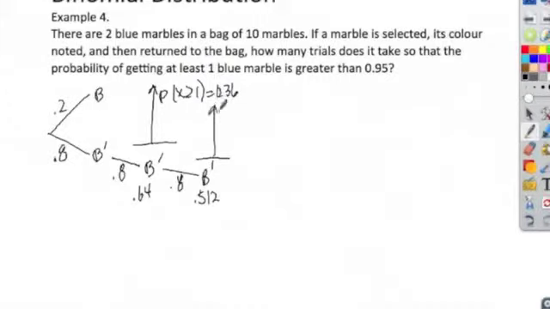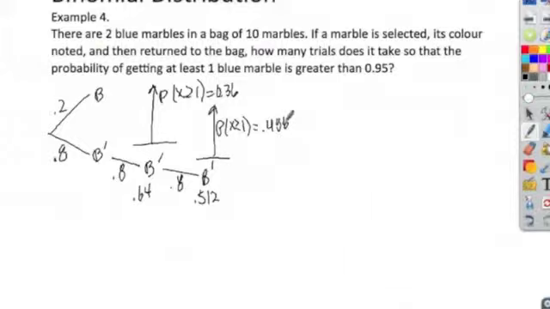So the probability of all the other outcomes, that's what I'm showing here by the line above. Everything else is at least 1 blue, all right? Only this bottom branch is no blue, all right? So now the probability of x being greater than or equal to 1 is, again, 1 minus the 0.512, which would be 0.488.